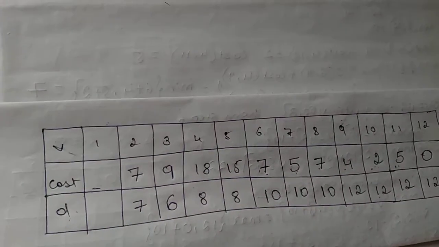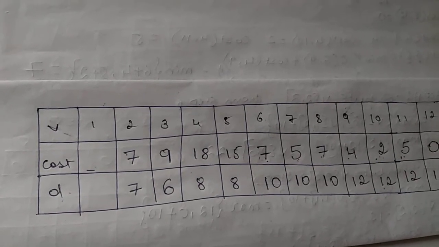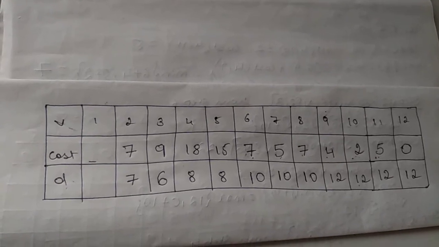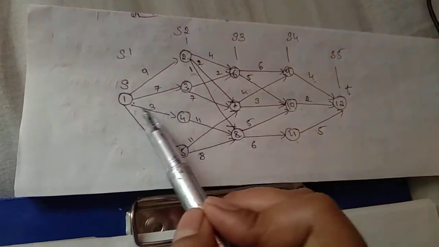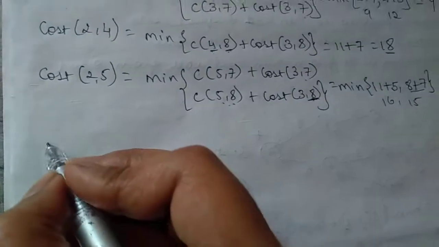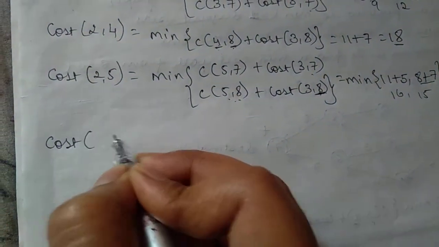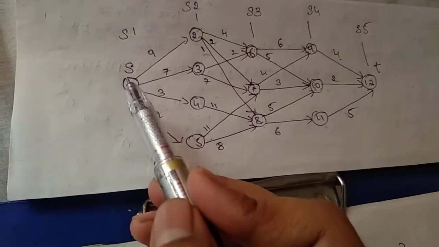Now we are left with only one vertex, that is the source. From the source you have to decide to which vertex it has to go in order to reach the destination with minimum cost. From 1 I have edges to 4 vertices, 2, 3, 4, 5. You have to find that out. Cost of vertex 1, which is present at stage 1.